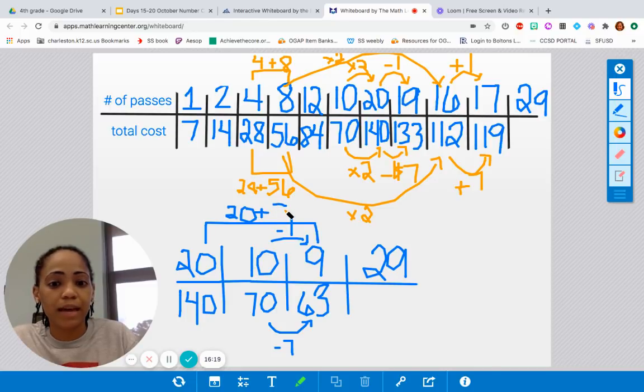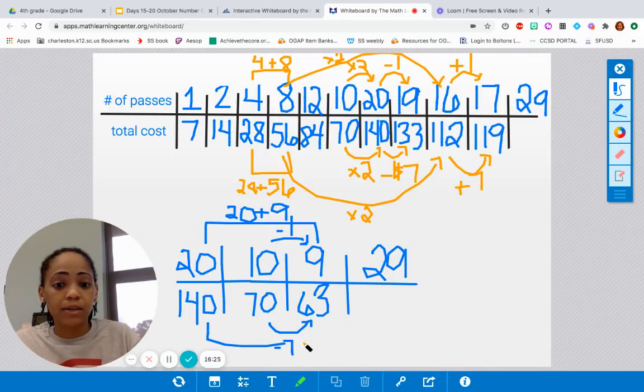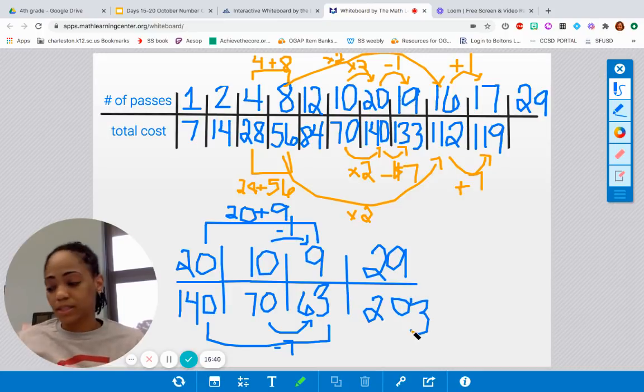We had a lot to add to our ratio table, which means I am adding 140 plus 63. What's that going to give me? 203. And 3 looks a little funky. Good job.